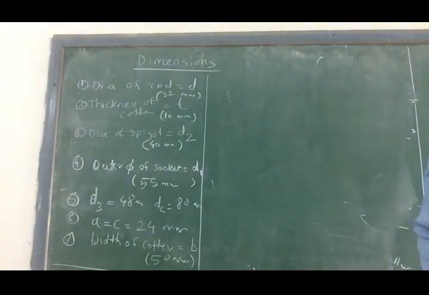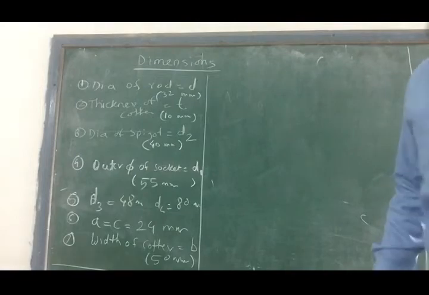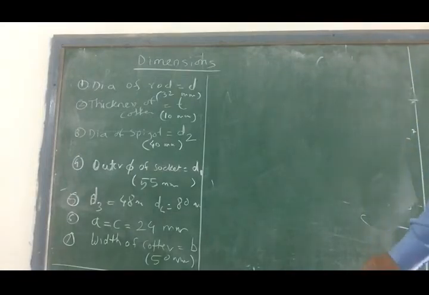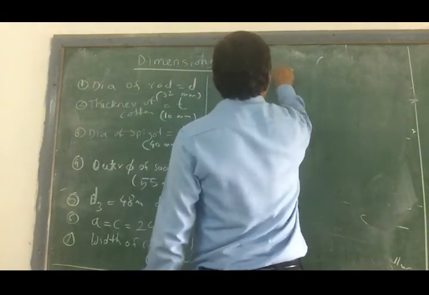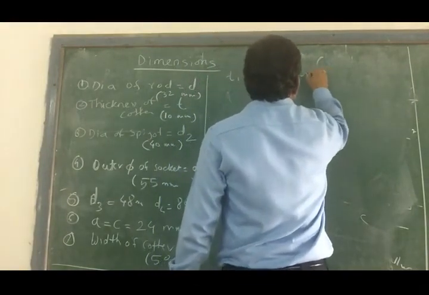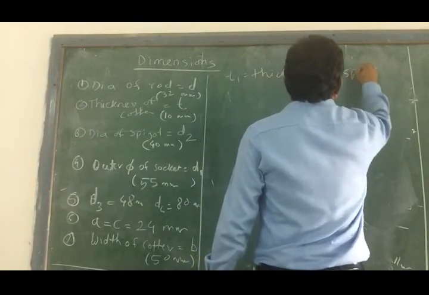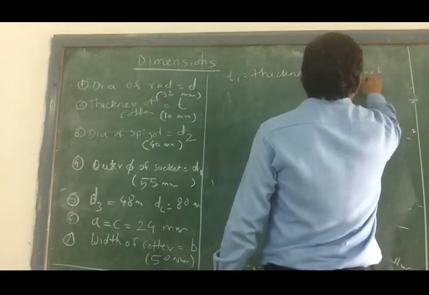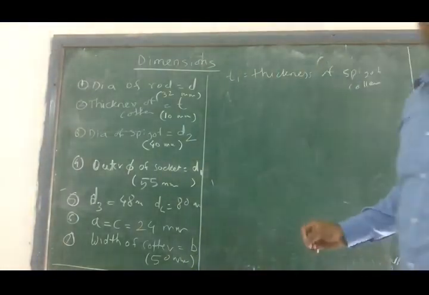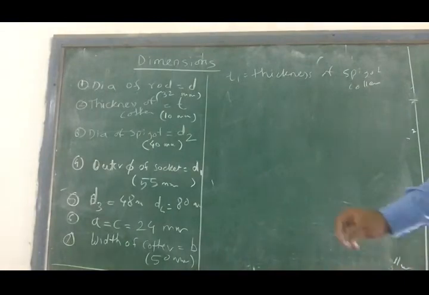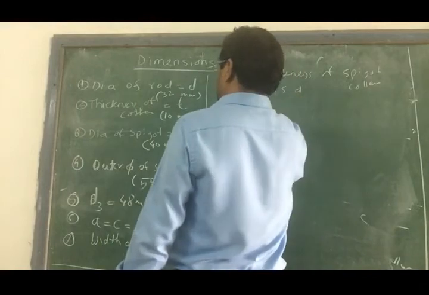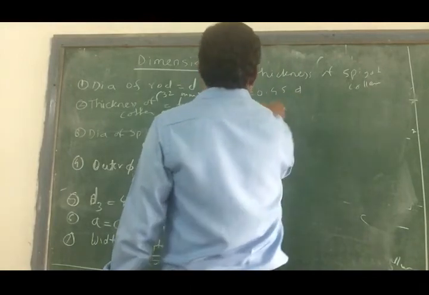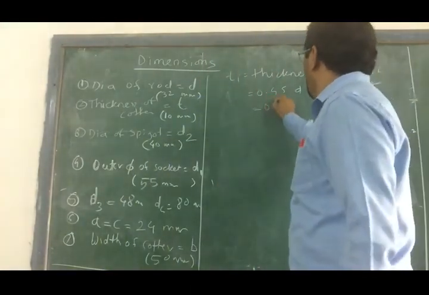So the last stage is the thickness of the spigot collar, T1. That one part is a small thing, but it was pending: T1 is 0.45 T. So T you got was 32, into 0.45.